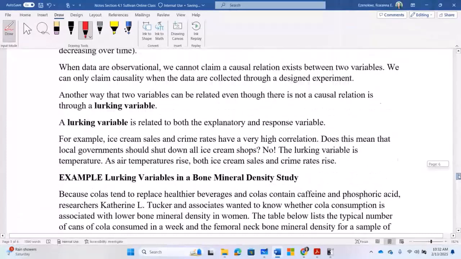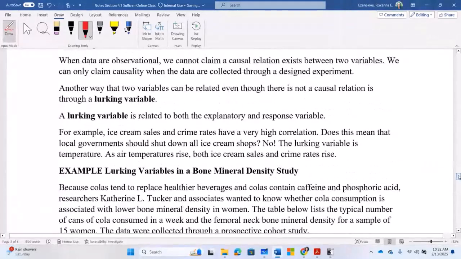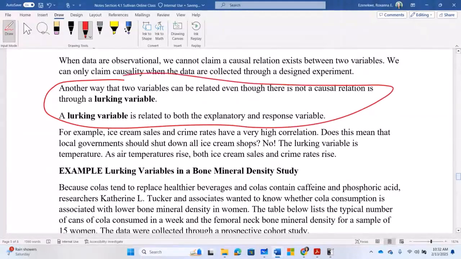Okay, so another thing you want to talk about is what is called a lurking variable. In coefficient of correlation, another way that two variables can be related, even though there is not a causal relation, is through a lurking variable.